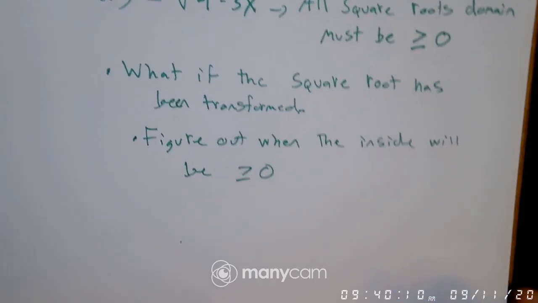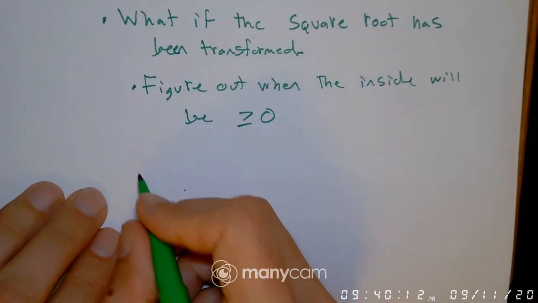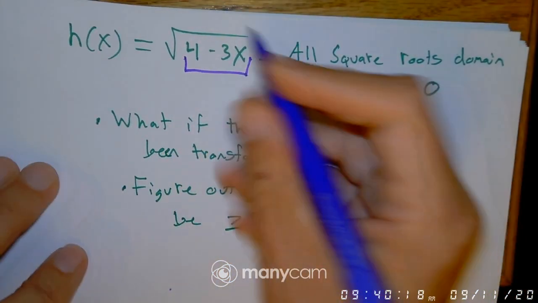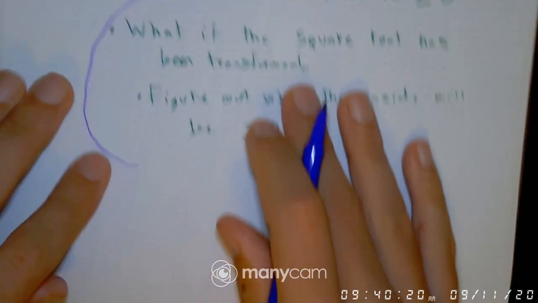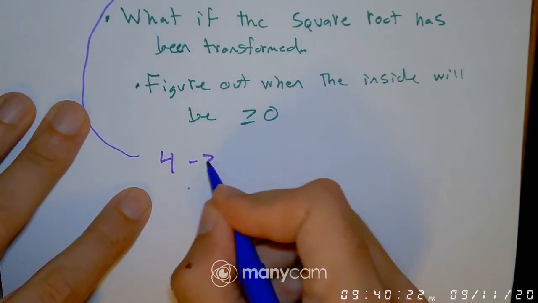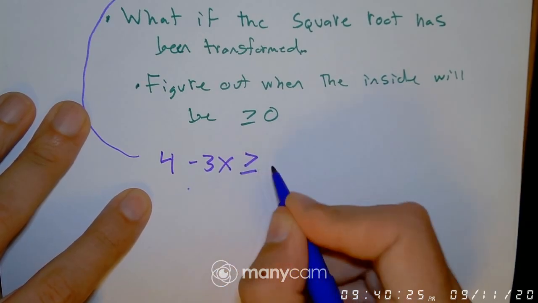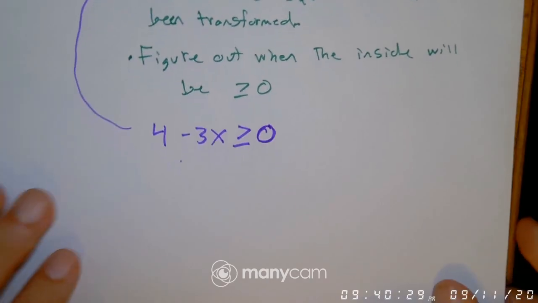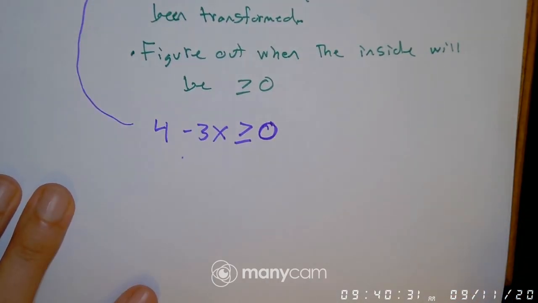So what does that mean? I'm going to take this, because that's the inside, and say 4 minus 3x has to be greater than or equal to 0. And now I'm going to solve this.